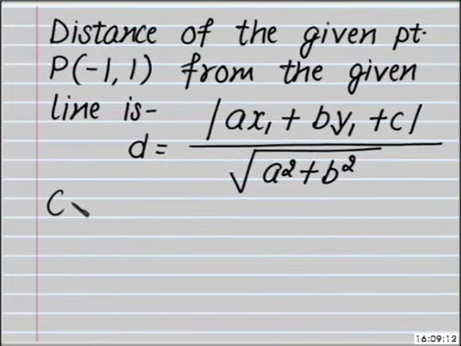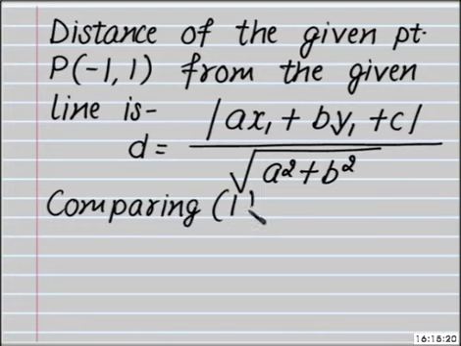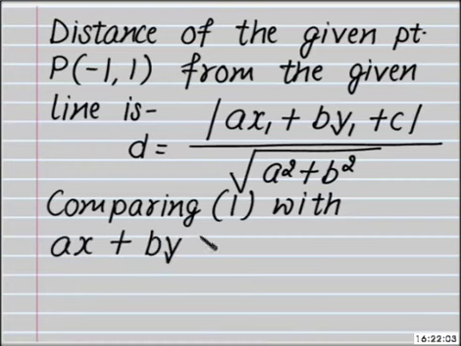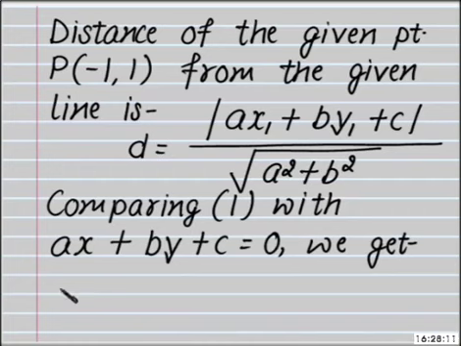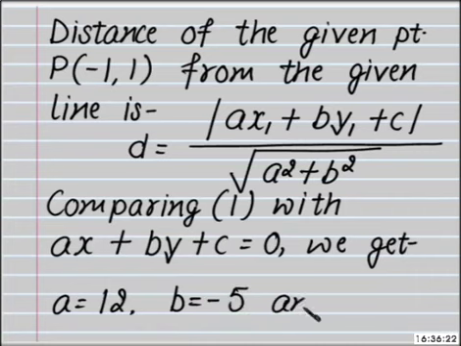Now comparing equation number 1 with the general form AX plus BY plus C equal to 0, we get A is equal to 12, B is equal to -5 and C is equal to 82.